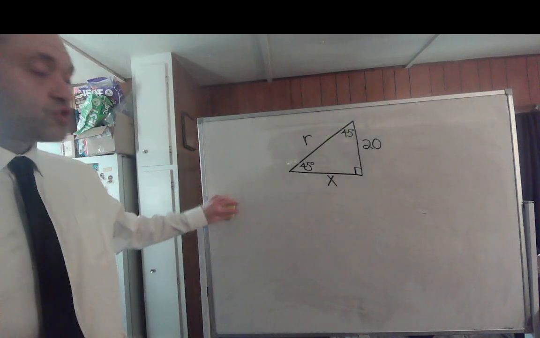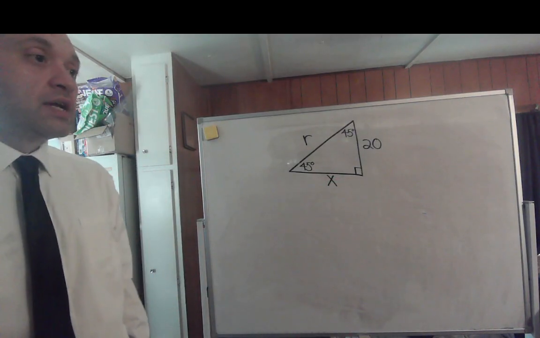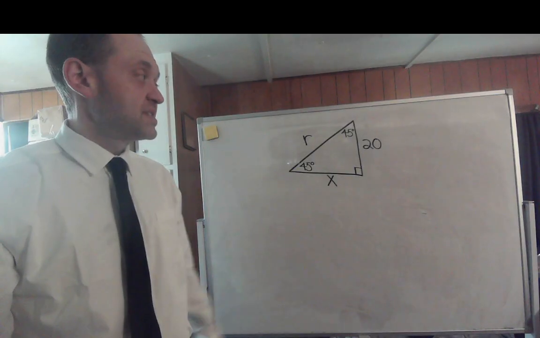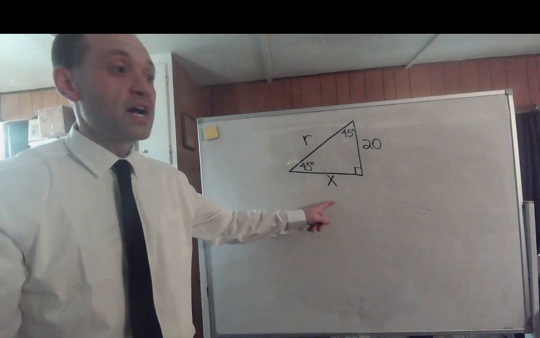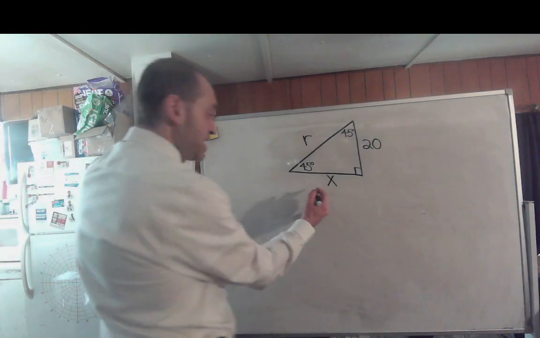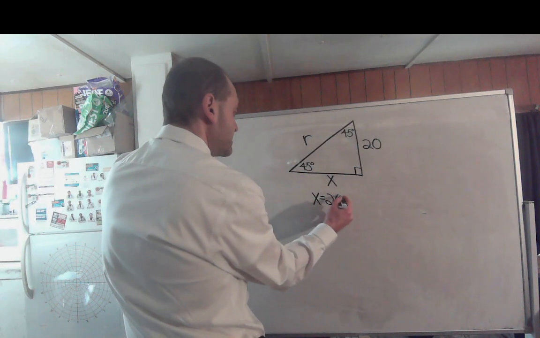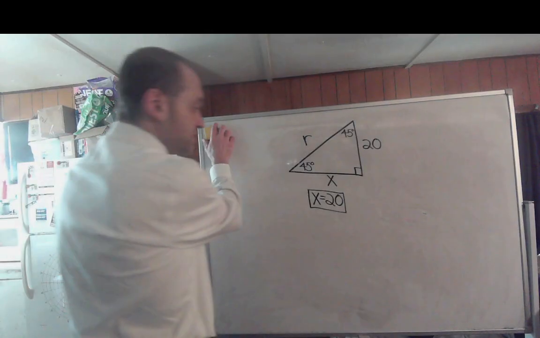Okay, so what's true in a 45, 45, 90 right triangle? Well, that means that the side opposite the other 45-degree angle is congruent to the side opposite the first 45-degree angle. So in this case, you're literally just going to get that x equals 20. It's that easy. X would equal 20. So that one wasn't so bad.